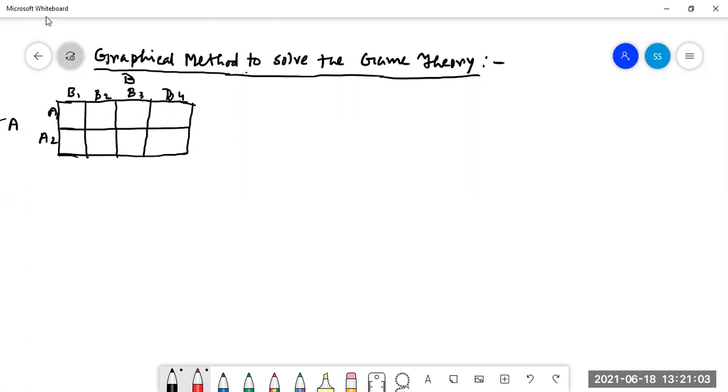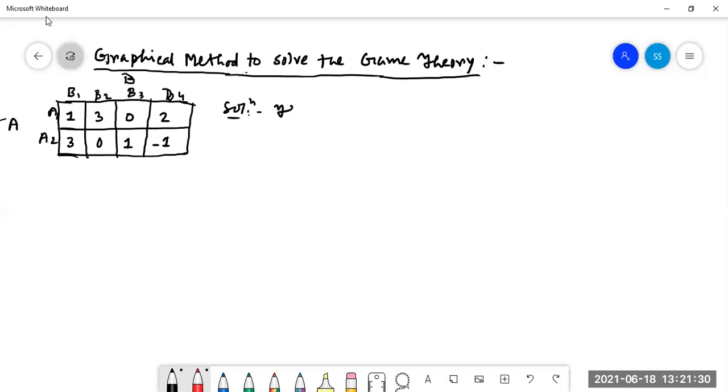Row-wise, first row 1, 3, 0, 2, then second row 3, 0, 1, minus 1. The given game, we have to solve this by the graphical method. So the solution, we are starting the solution.